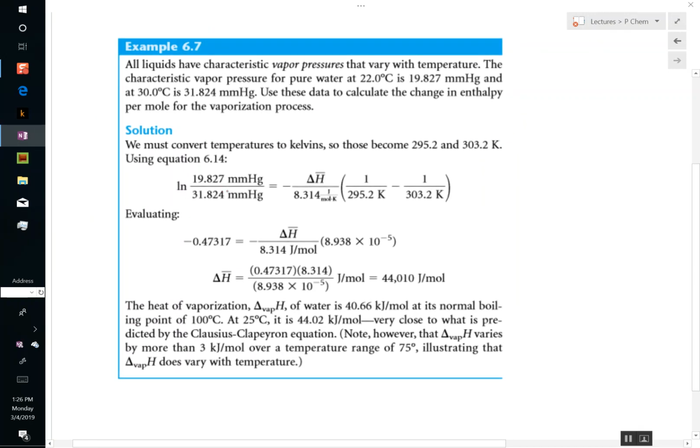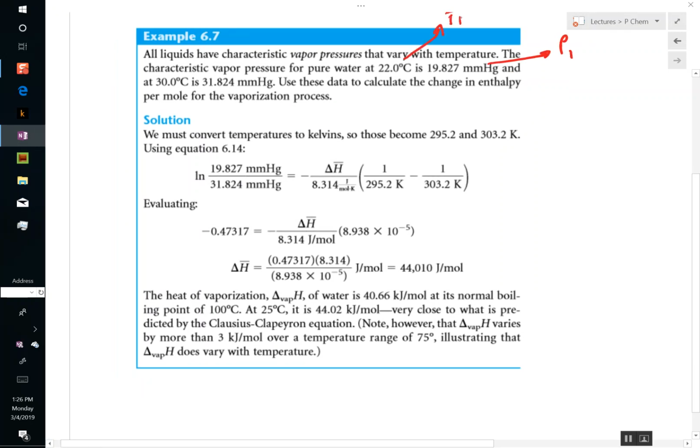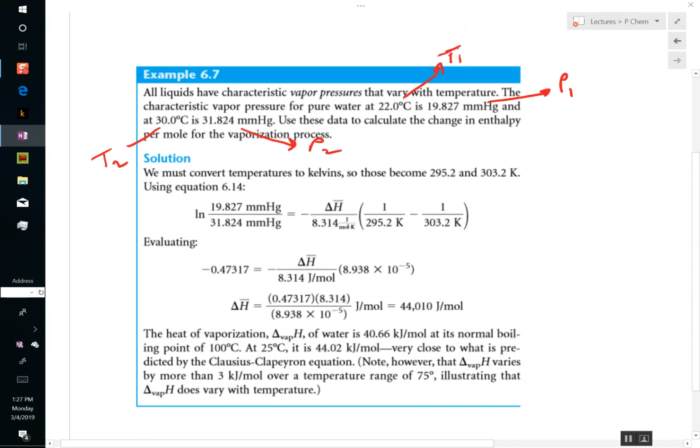All right, so this is P1, this is T1, this is P2, T2. I don't know if you handle your word problems this way, but I would recommend that you read the problem and actually identify what is in the problem. What are those numbers?